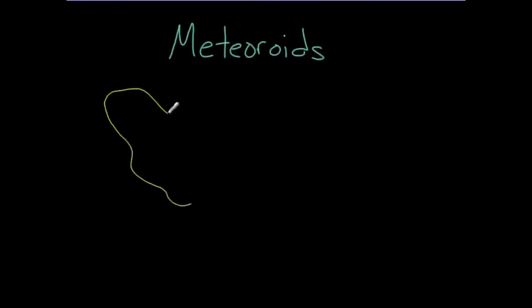Now, meteoroids are not a technical term, but they are still in use. Now think about our asteroids. Our asteroids are these big lumps of rock, sometimes kilometers and miles across, sometimes only a couple hundred feet across.